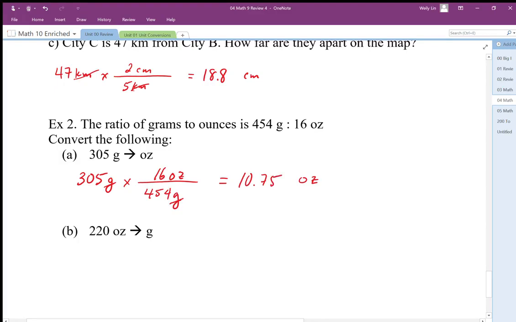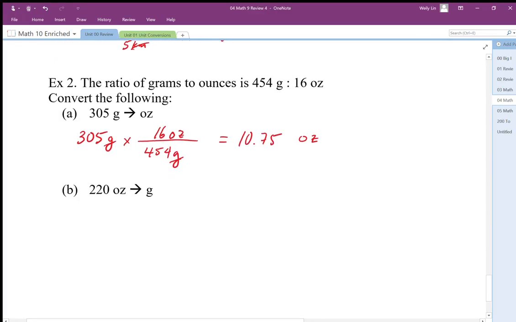And then we can do the same thing from ounces to grams. We start with our ounces. Okay. I'm going to use my ratio here. I know that I have to put the ounces on the bottom to make sure that they cancel. I put the 454 grams on top. My rate analysis tells me that I have it in the right orientation. And again, it's just times on top, divide on bottom.